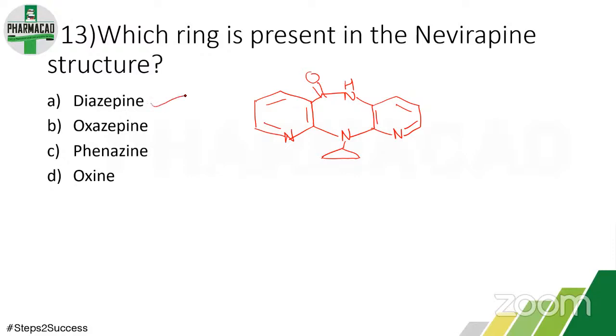The first option is diazepine. Diazepine means 2 nitrogen atoms, and you can see a 7-membered ring. Oxazepine, oxygen and nitrogen, no. Phenazine, phenyl with nitrogen, no. Oxime, no. So nevirapine has a diazepine ring.